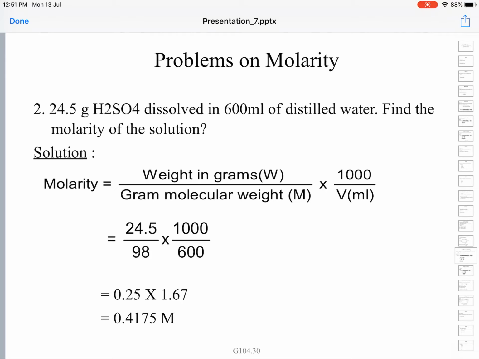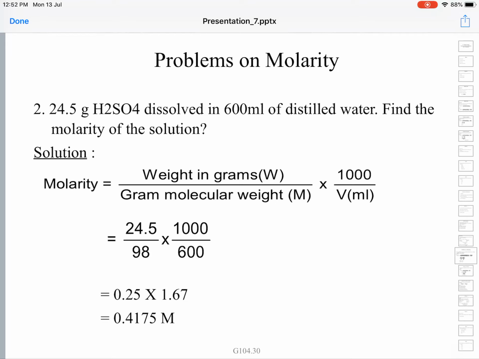Molarity is equal to weight in grams divided by gram molecular weight, into 1000 by volume in milliliters. So, it comes to 24.5 by 98 into 1000 by 600.